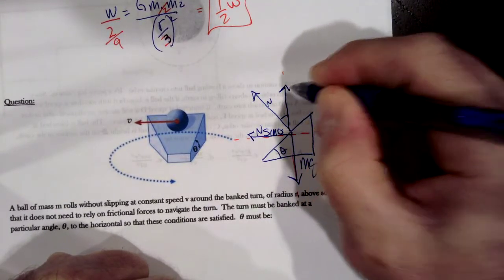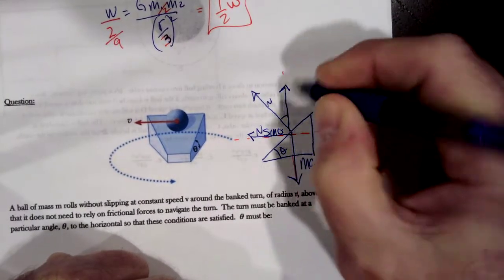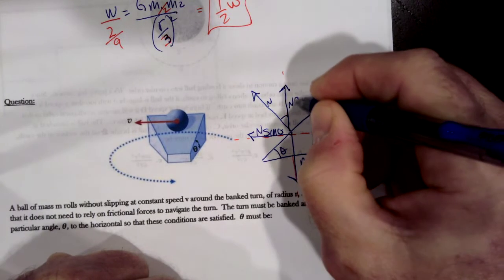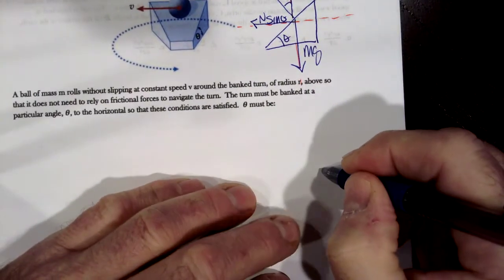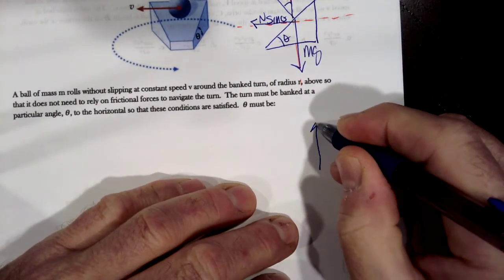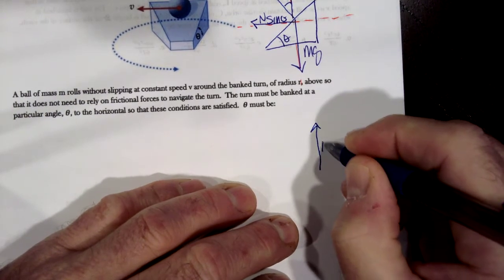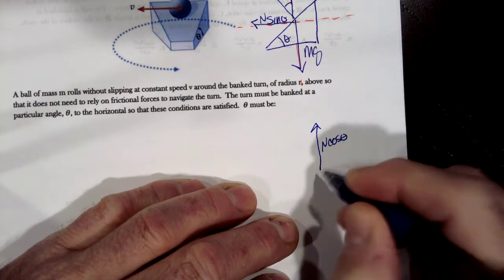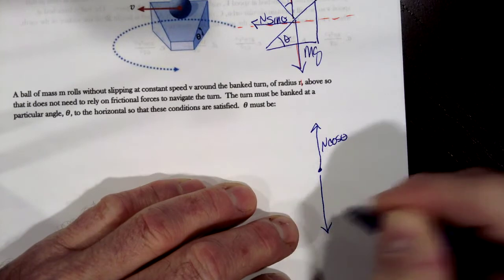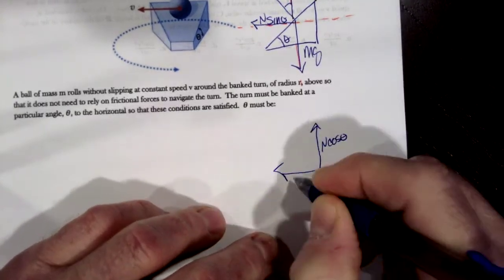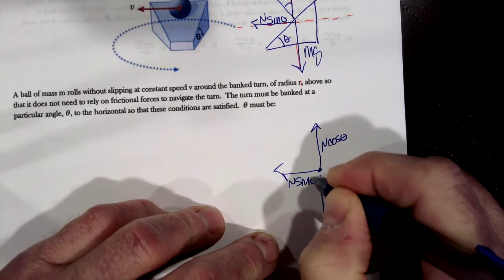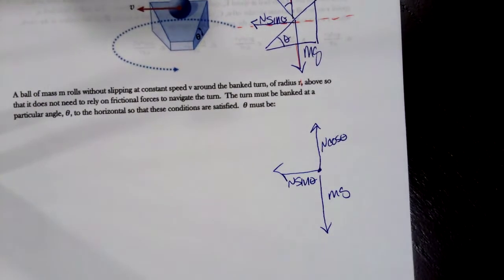The part of it that actually goes against gravity would be N cos theta. So I'm going to transfer this down to here to show it more clearly. Now we have everything divided up into its components. Pushing up, you've got N cos theta, which is going to balance mg. And you've got N sine theta pointing inward.